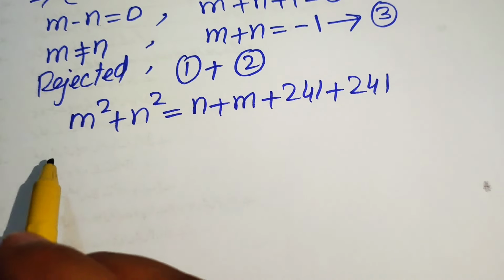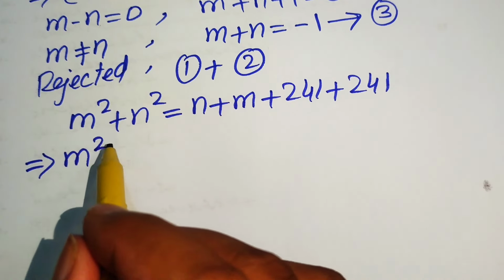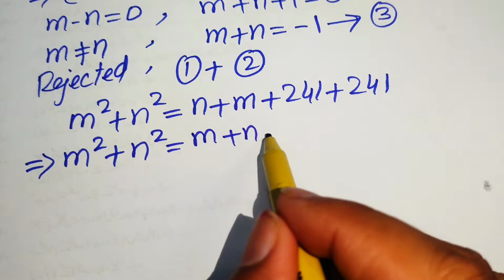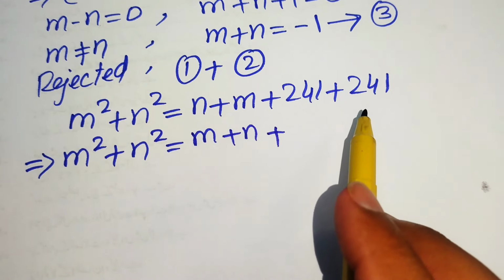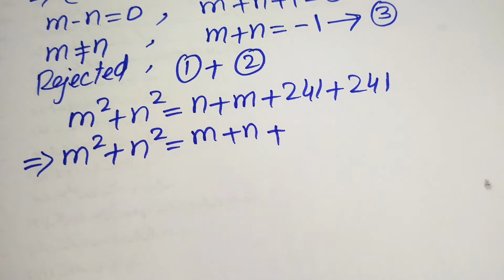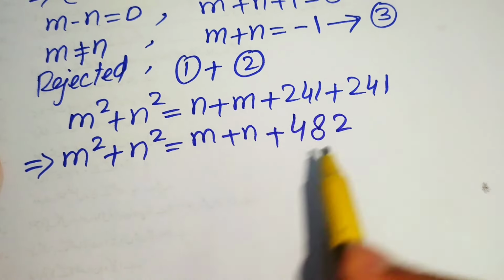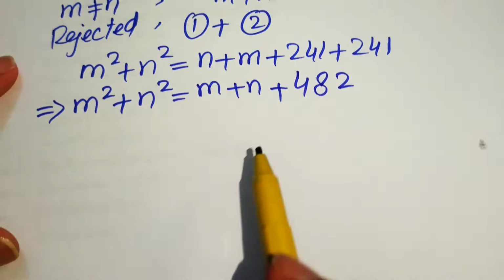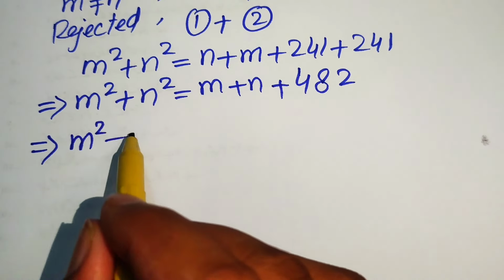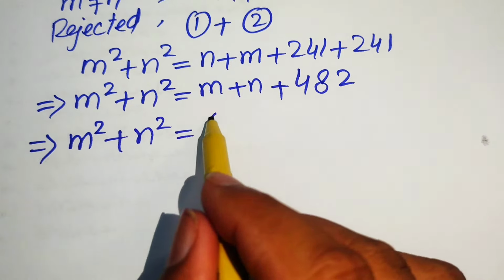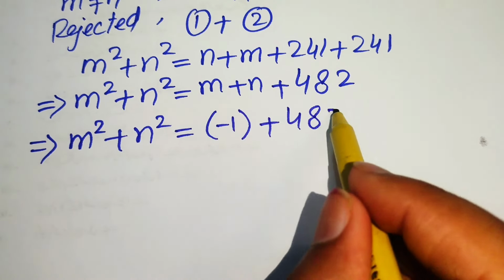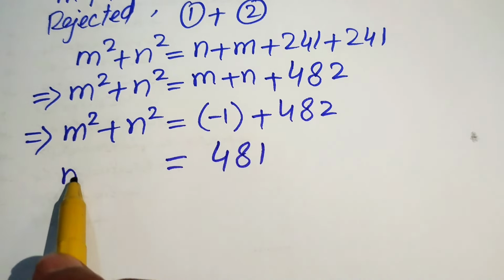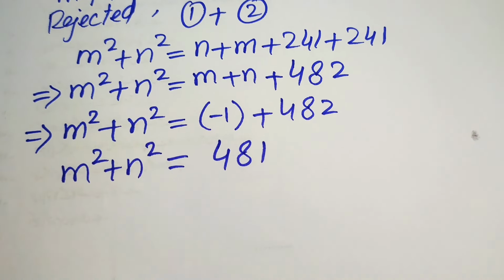With a little simplification we get m square plus n square equals m plus n plus 482. But we have m plus n equals minus 1, so we substitute this value and we get m square plus n square equals minus 1 plus 482. After simplification we get m square plus n square equals 481.